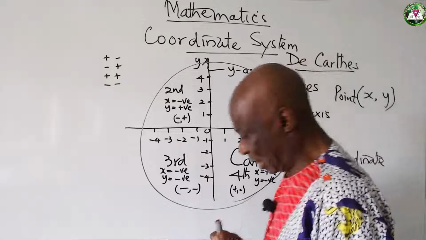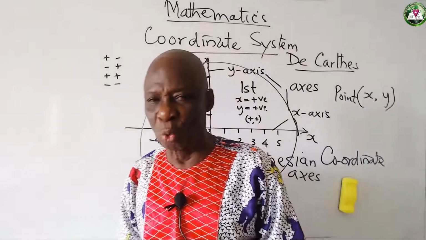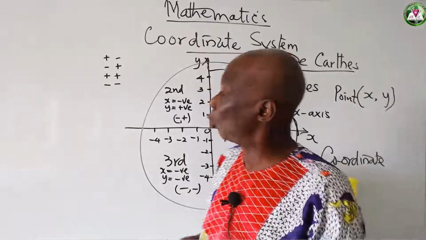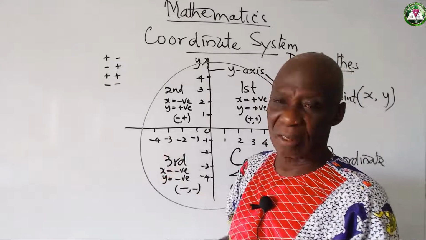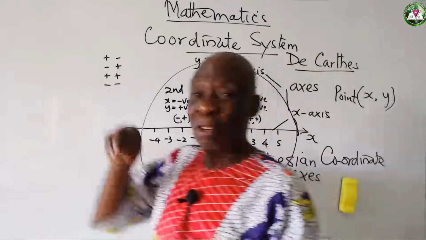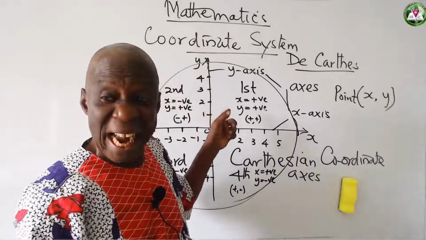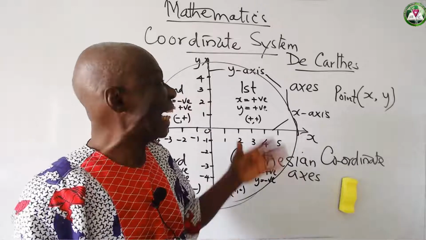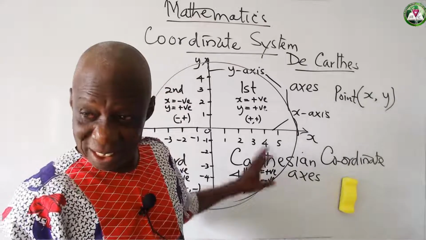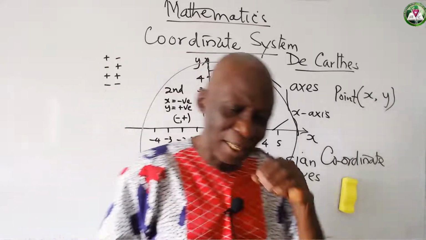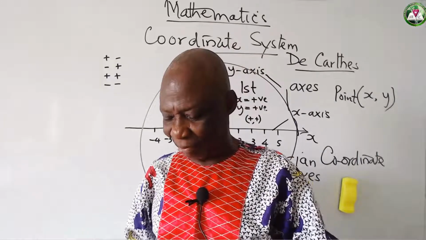So that is the arrangement that he did on these two signs, positive and negative. He was able to produce 4 different arrangements. And that is why we are having 4 different quadrants. And these are the things that control the points that they are going to fix inside this particular Cartesian coordinate axis. Now, when you see this thing in everyday life, we call it graph.